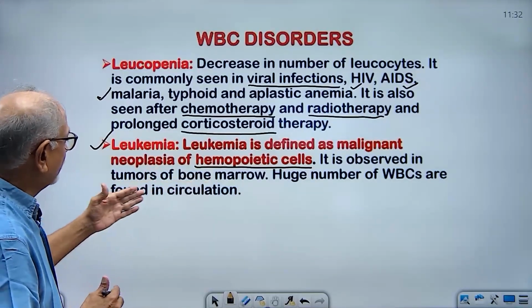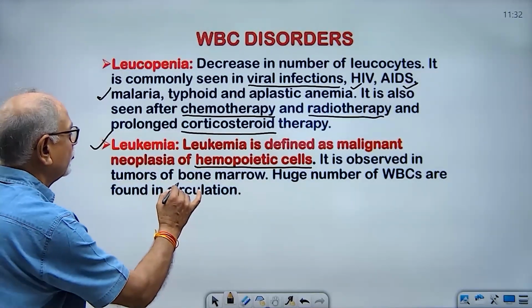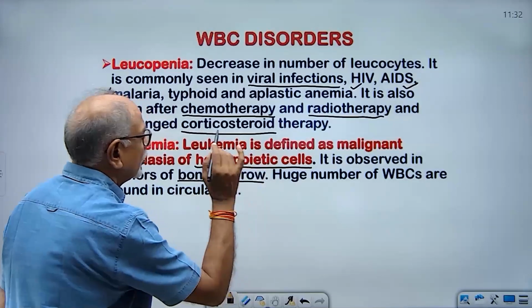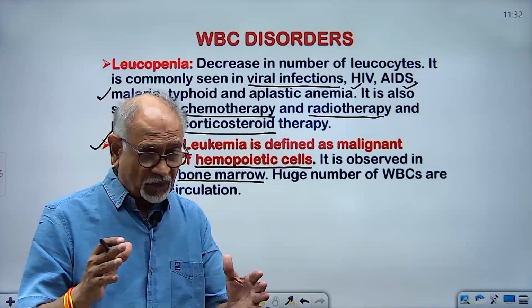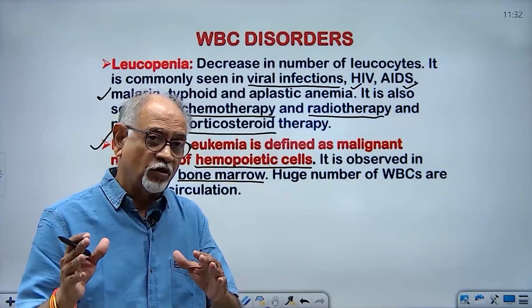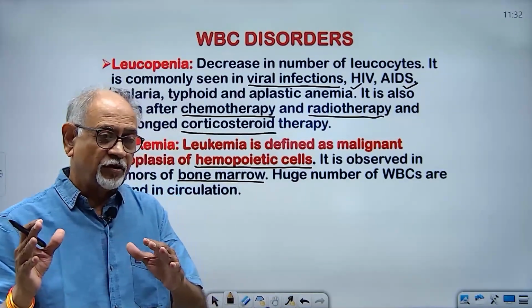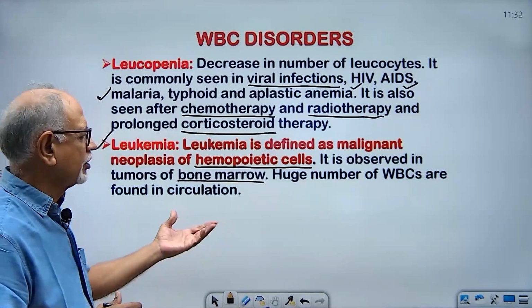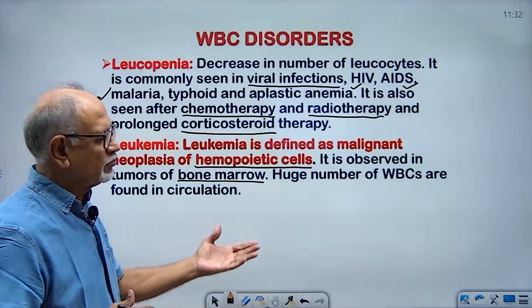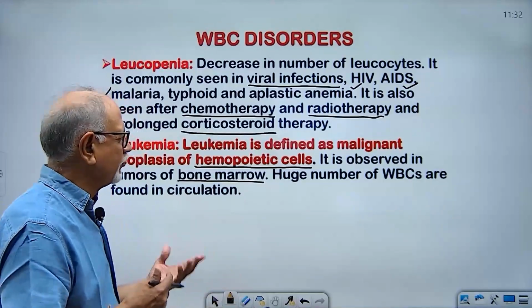It is observed in case of tumors of bone marrow, because you know the formation of leukocytes, that is leucopoiesis, occurs in bone marrow. So if there is a tumor in bone marrow, obviously a large number of WBCs will be formed there.